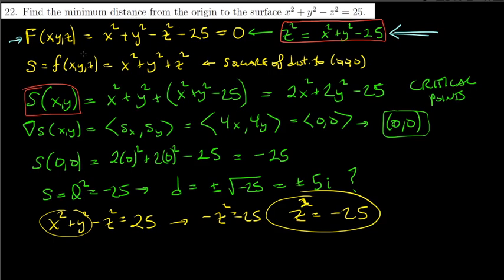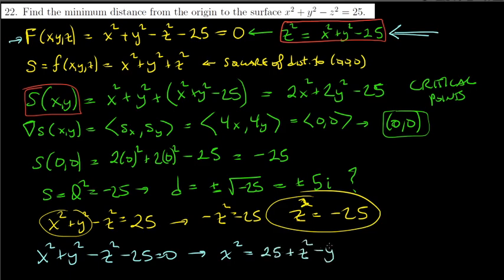We could solve for x or y. So let's take this equation, x squared plus y squared minus z squared minus 25 equals 0, and solve for x, right? So x squared is going to be what? It's going to be 25 plus z squared minus y squared.